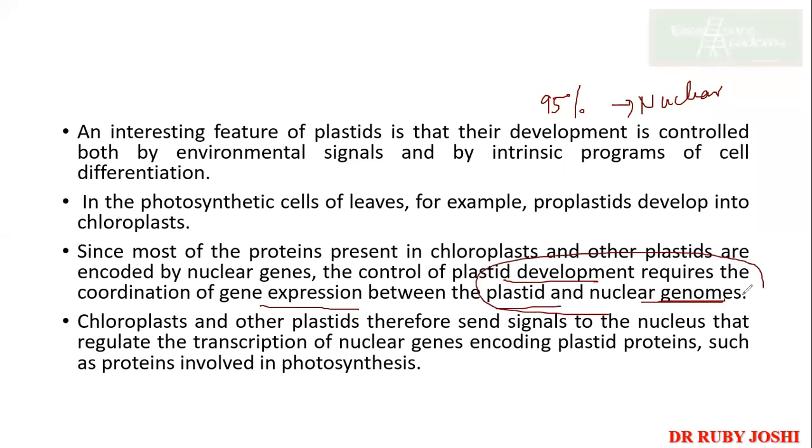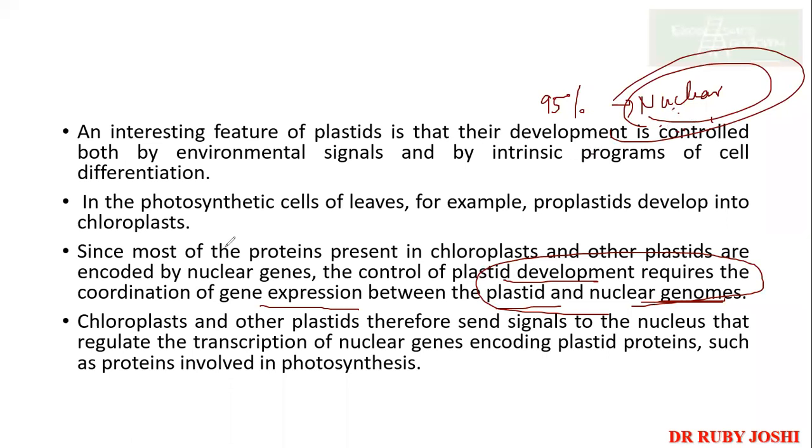So even this is in control of your nuclear genome. What should the proplastid become now? Should it become a chloroplast, a chromoplast, or an amyloplast? That is decided by the nuclear genome. Now who gives that signal to the nuclear genome? The surroundings, the external surroundings. They give the signal whether I need more chlorophyll or more carotenoids.